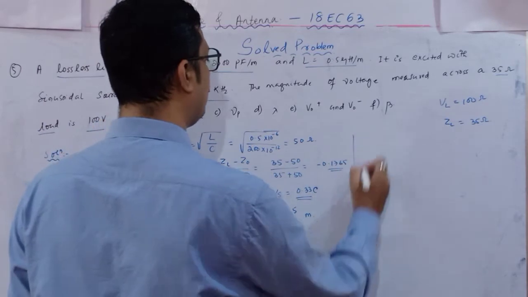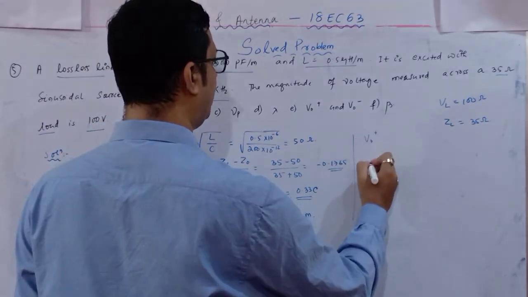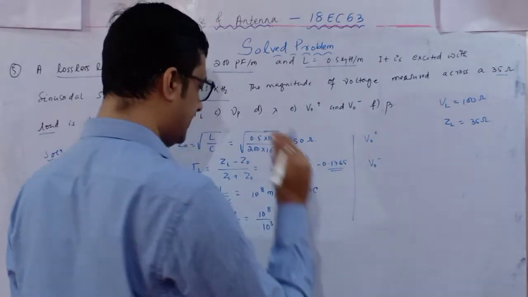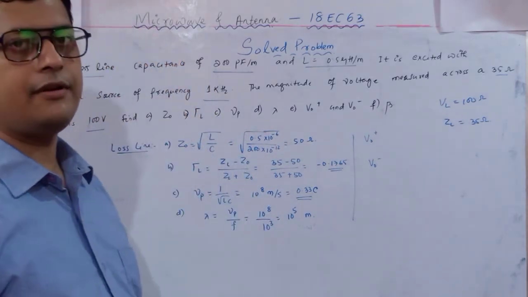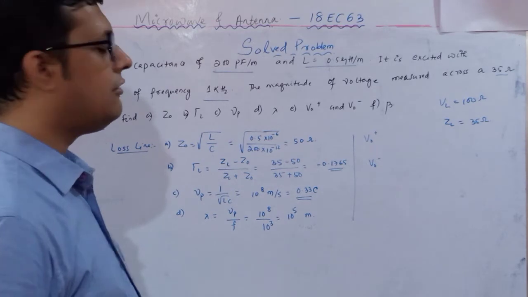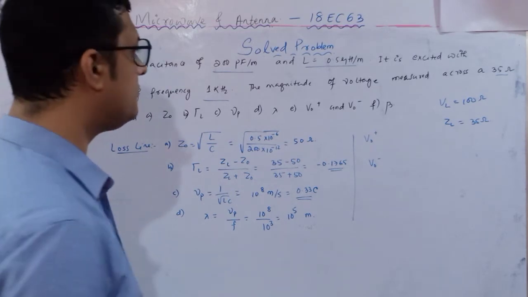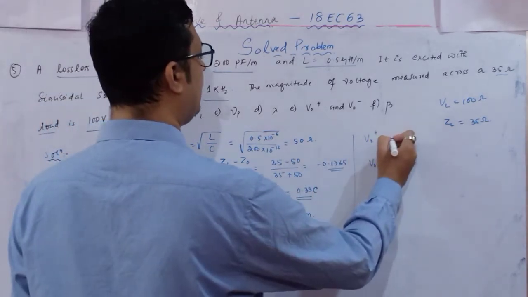Now what is my V naught plus and V naught minus? Simple. V naught minus and V naught plus are calculated at the load terminal. So what is our relation?